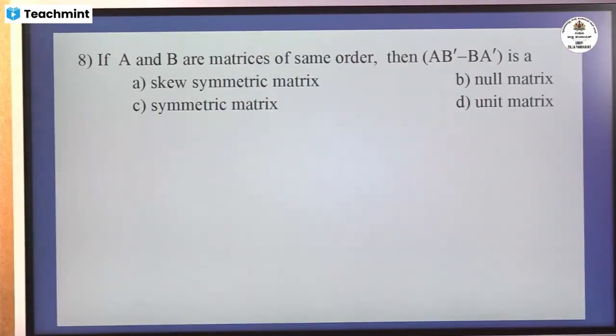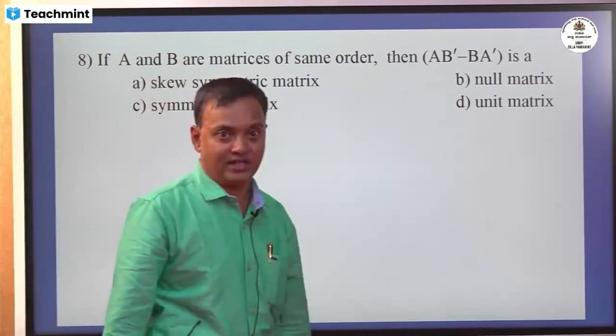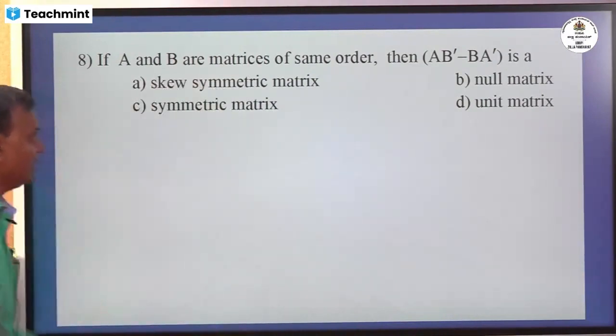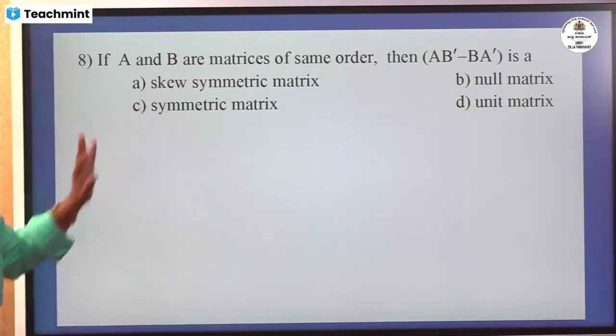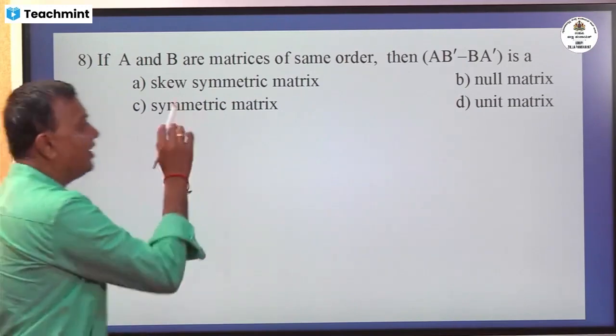Next question: if A and B are matrices of the same order, then AB dash minus BA dash is a, this is a very simple question: symmetric, skew symmetric. What is meant by unit matrix? We know the identity matrix. Null matrix means each entry is 0. What is meant by symmetric?